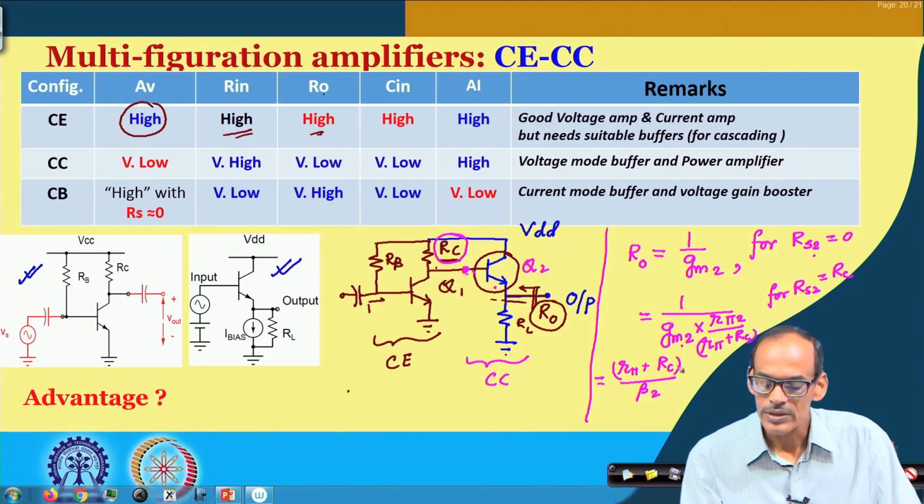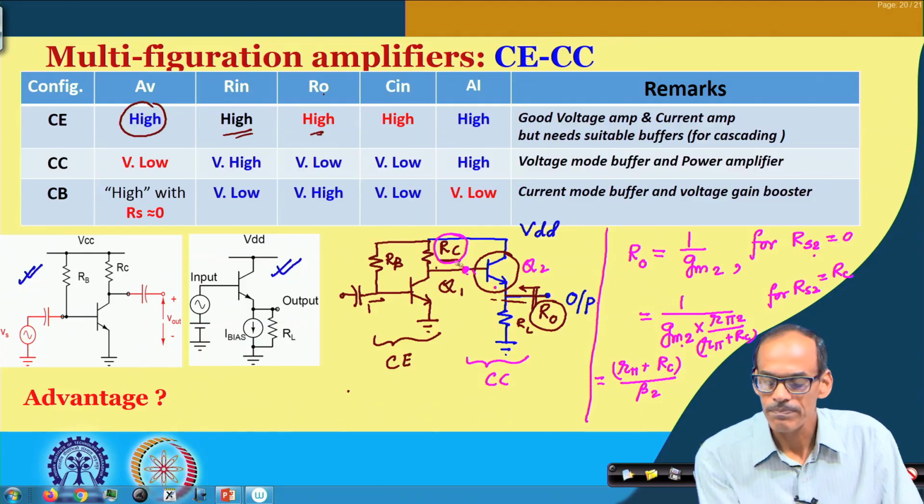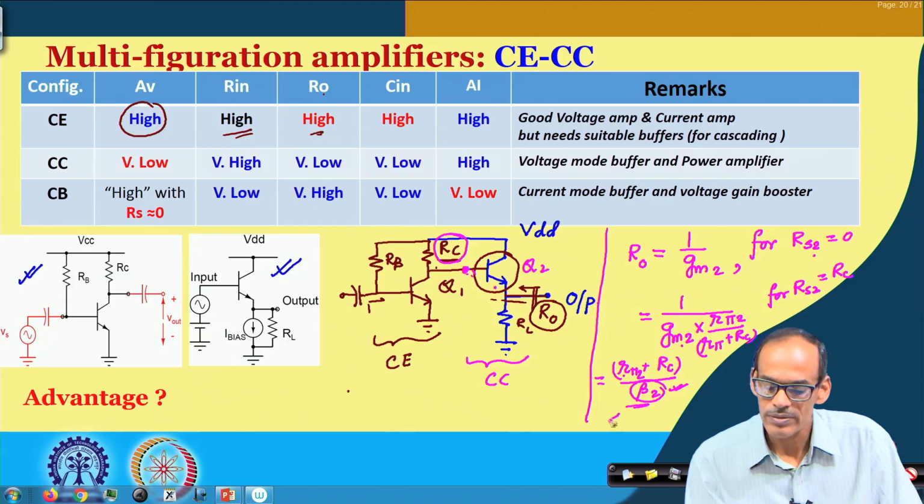So, you may say that since this Rc is getting divided by beta 2, even though we have the R pi of the second transistor coming in series, since it is getting divided by beta 2, this is much lower than Rc.